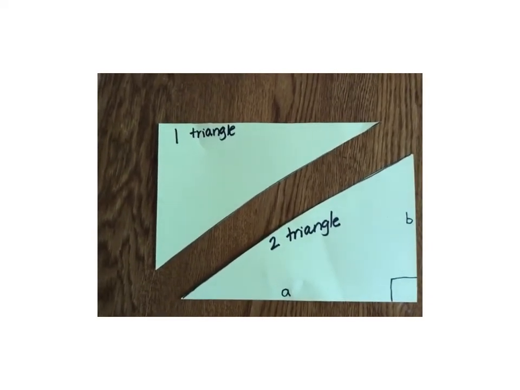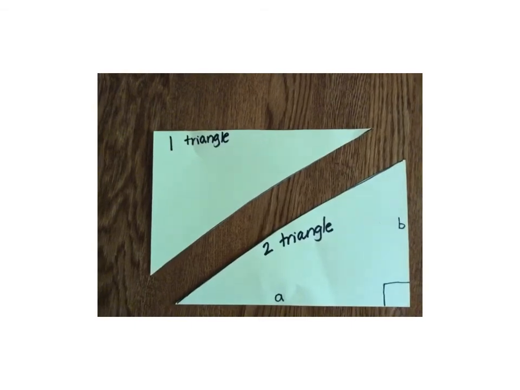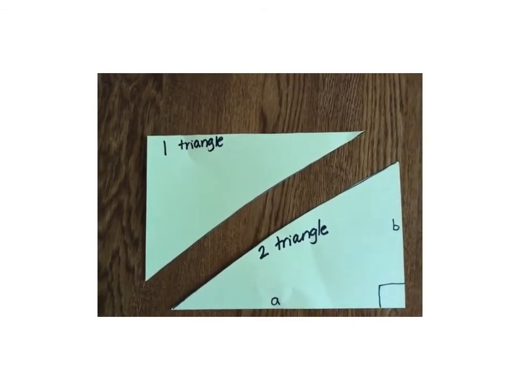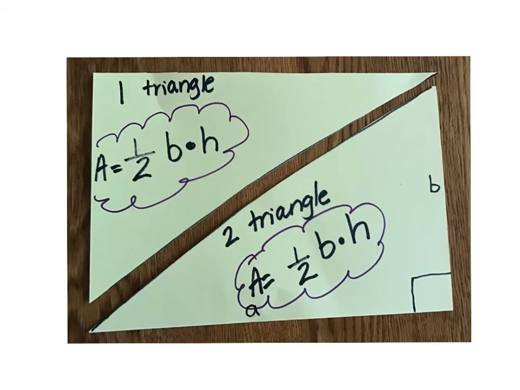So think of the words half and think of base and height. The area of a right triangle would be 1/2 of base times height.